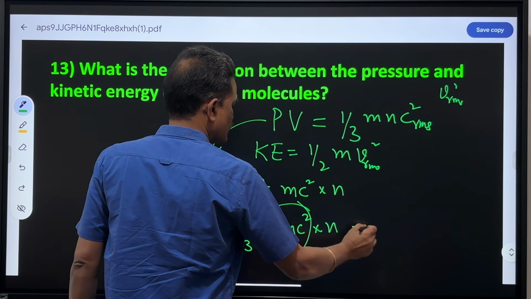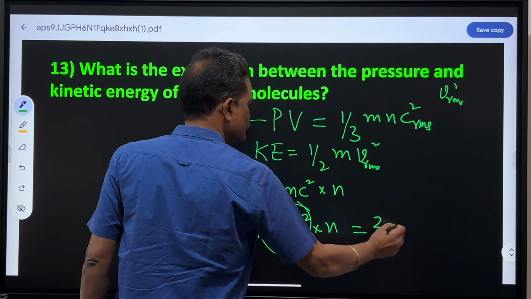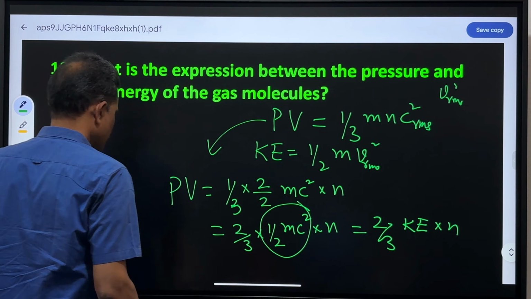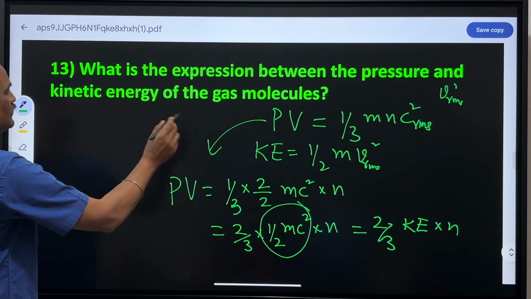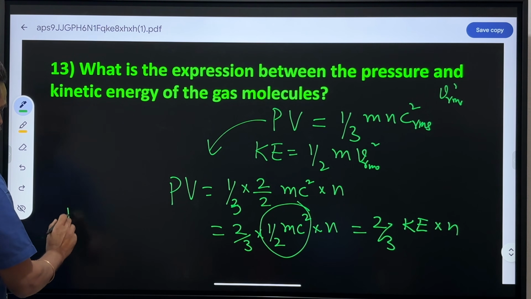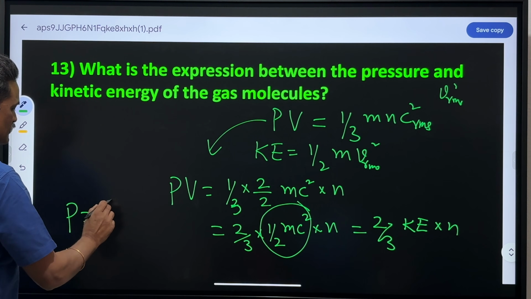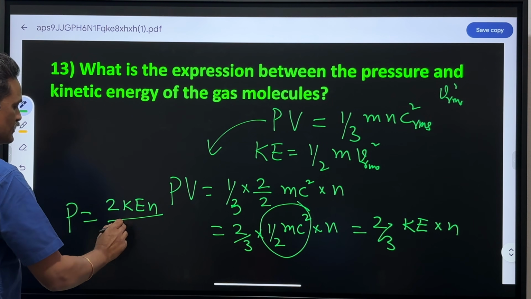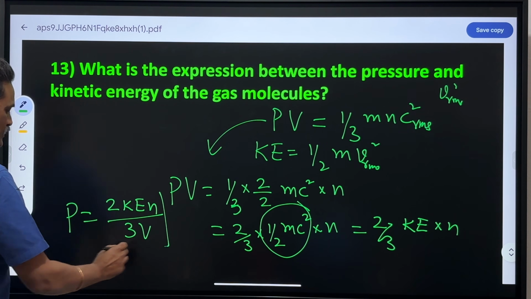So this can be written as 2 by 3 KE into N. Now he is asking the relationship between pressure and kinetic energy. So P is equal to 2 KE N by 3V. So this is the answer.